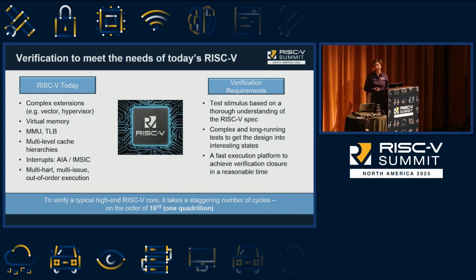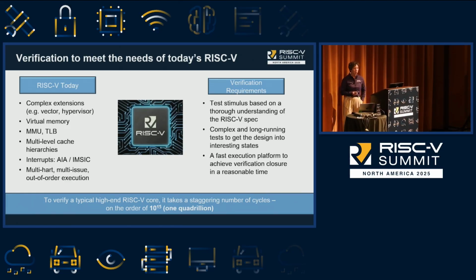So RISC-V is evolving. Today, RISC-V is not just used in microcontrollers, but in more complex applications like even data center and AI. I mean, these might not be the predominant application, but RISC-V is there. So with the evolution of RISC-V and these more complex designs, we have different verification challenges.